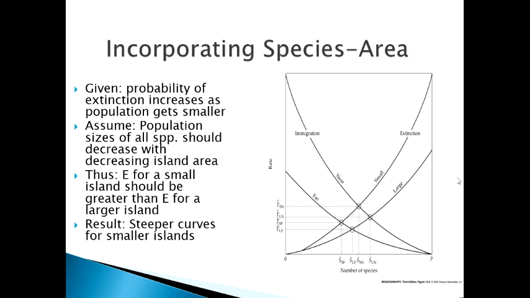Now, MacArthur and Wilson, on the back of their cocktail napkins, decided to incorporate species area here. And in this sense, you've got two different sizes of islands, small and large. When you're looking at small versus large, you have different rates of extinction for smaller versus larger islands.